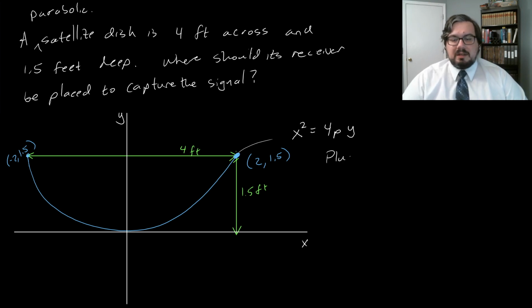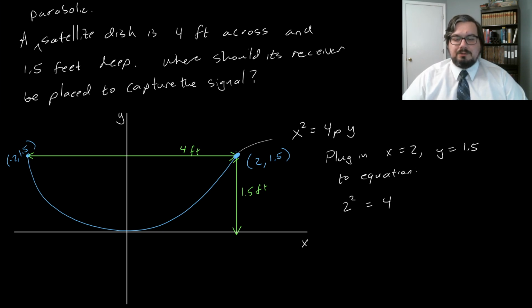Meaning, if we substitute these values into the equation, we will get a true statement. So let's plug in x equals 2, y equals 1.5 to the equation. If we do that, then we get 2 squared is equal to 4 times p times 1.5. We know this has to be true because this point is on the equation of the parabola. So we get that 4 is equal to, now 4 times 1.5 is 6.